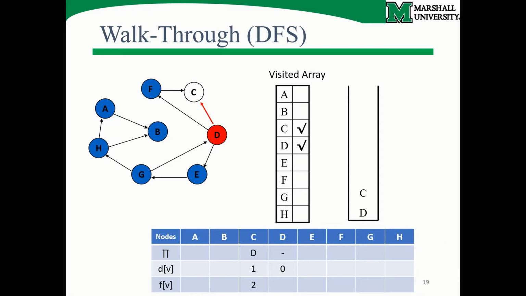There are no other nodes that are adjacent to C, so we can finish processing for that node C. So we will keep track of finish time for C as 2. Then we will go back to D and discover another adjacent node if there are any.